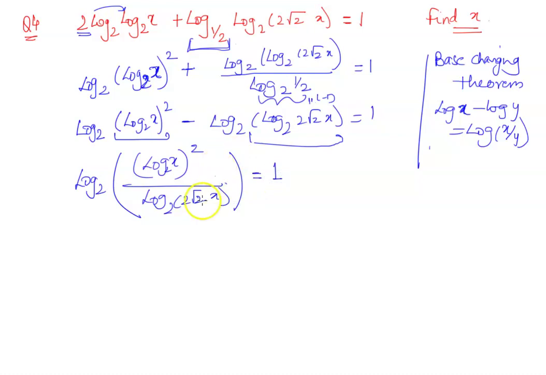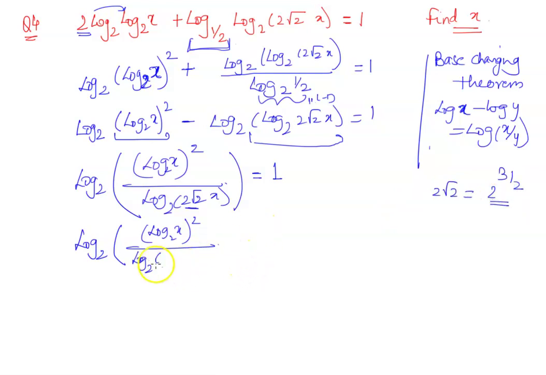Right? Now let's see this value. We can write this as log x to the base 2 whole square upon this. How can I write it? I can write this as log 2 root 2, which is 2 raised to the power of 3 by 2, plus log x to the base 2, right?